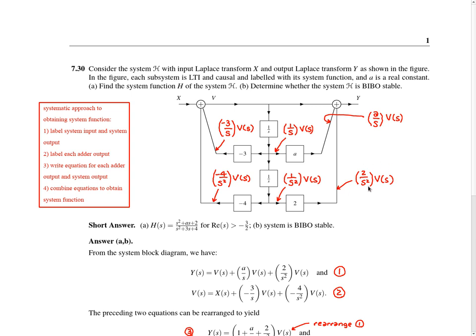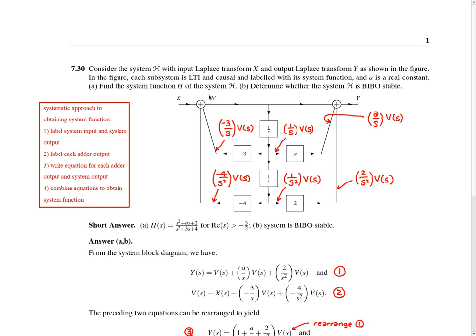With all of the signals appearing in the block diagram now labeled with formulas, we can easily write equations for the system output and each of the adder outputs. First, let's consider the leftmost adder in the block diagram, in other words, this adder here.